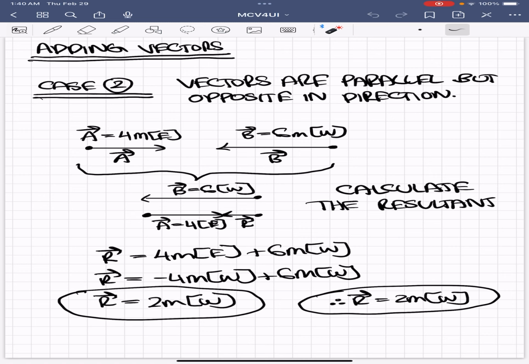Well, if we're adding them, we're finding this resultant right here. This small little arrow is the resultant that we are calculating. So we have vector B, which is 6 meters west, and then we have vector A going 4 meters east.